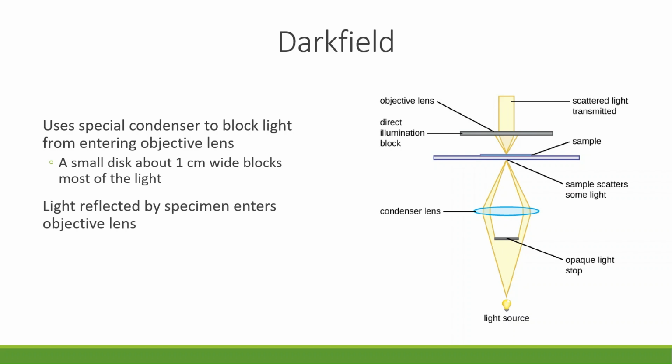This oblique light is then refracted or reflected by the specimen into the objective lens, creating the bright image of the specimen against a dark background. Dark field microscopy emphasizes the edges and structures of the specimen, making it an excellent tool for visualizing fine detail without the need for staining.